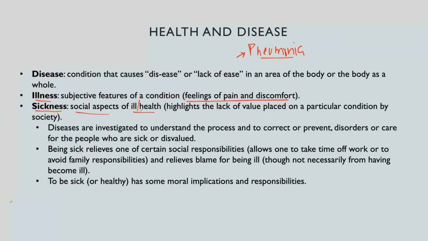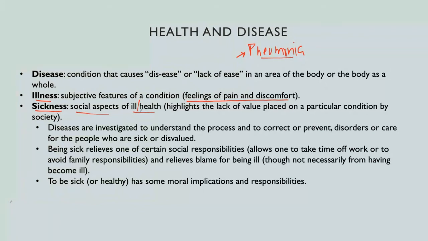When someone develops, for example, obesity, we tend to blame them for lack of willpower. We tell them, you are eating too much and exercising too little. You're making bad choices. You have to eat organic food. We tend to blame the patients for their conditions sometimes. That is what sickness refers to.